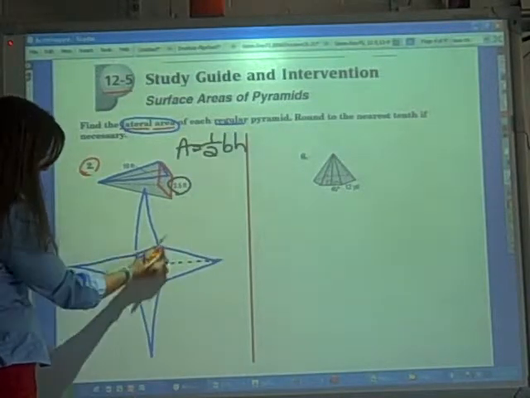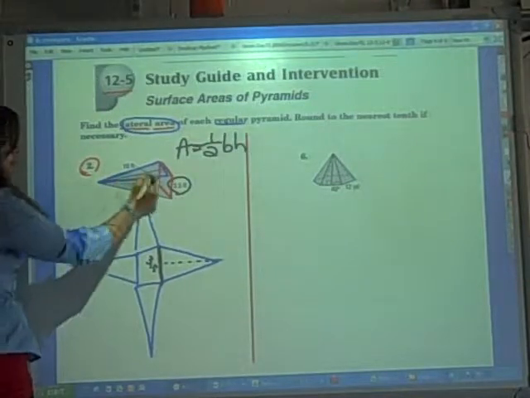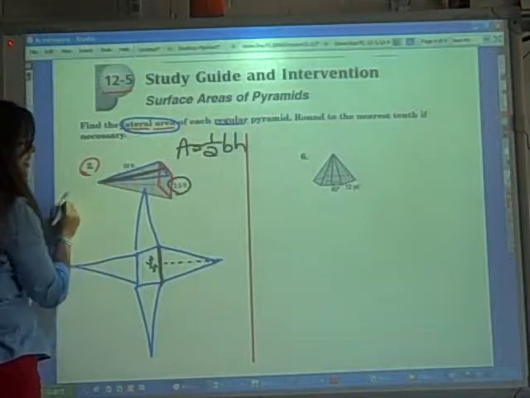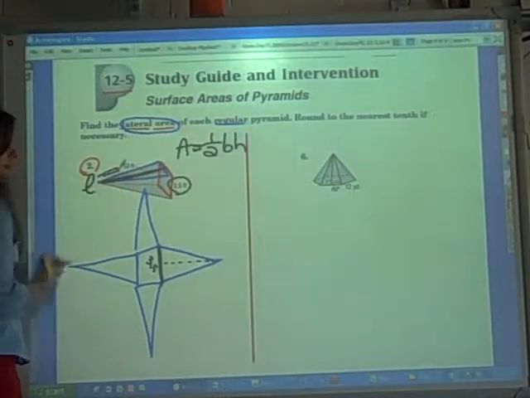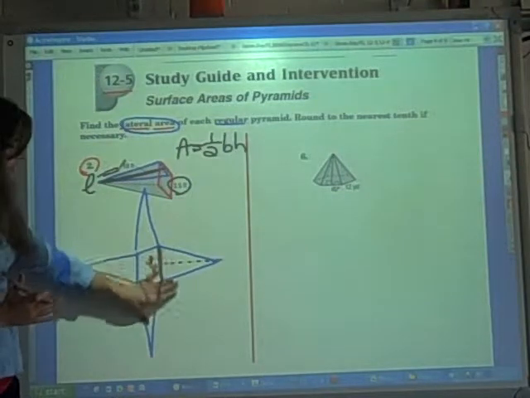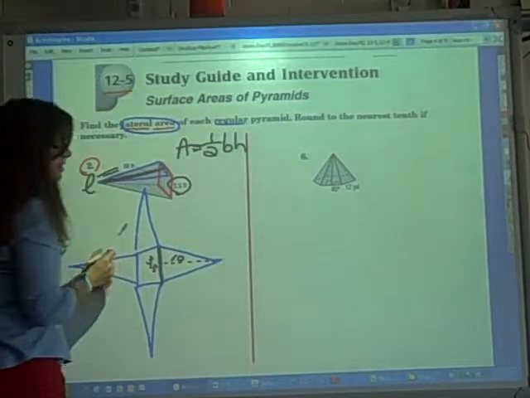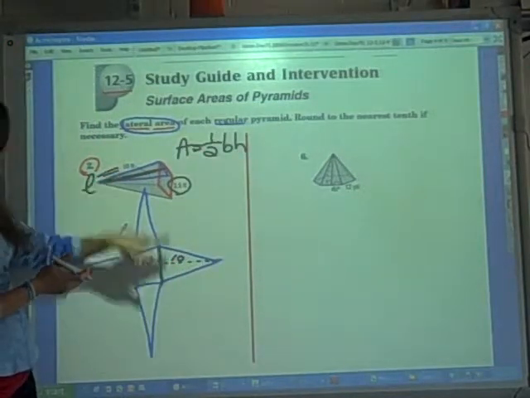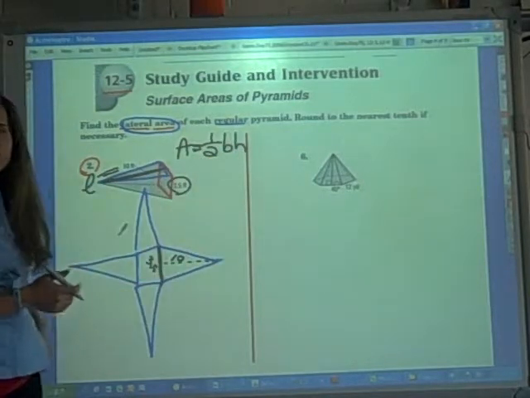That's going to be every side of that square on the bottom. Look at your picture on number 2. It gives you 10 feet right there. Isn't that 10 feet your slant height? So when you lay it out flat on the ground here and you look at your triangle, that 10 feet is going to stay with that triangle. That is your slant height. We do need that 10 to plug in for the height in your triangle formula.